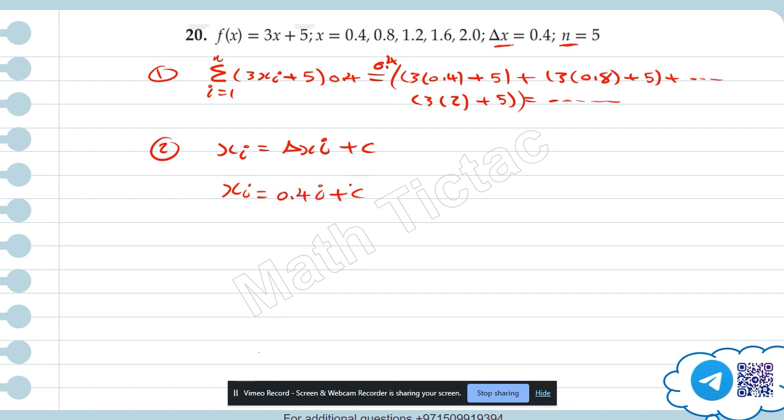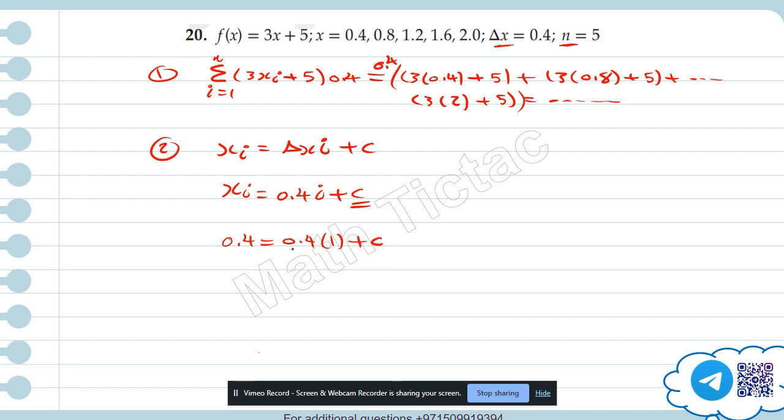Moving the 0.4 to this side, 0.4 minus 0.4 is equal to 0. So c is equal to 0. So the general rule is xi equals 0.4, which is delta x, multiplied by i, plus 0, which is c.